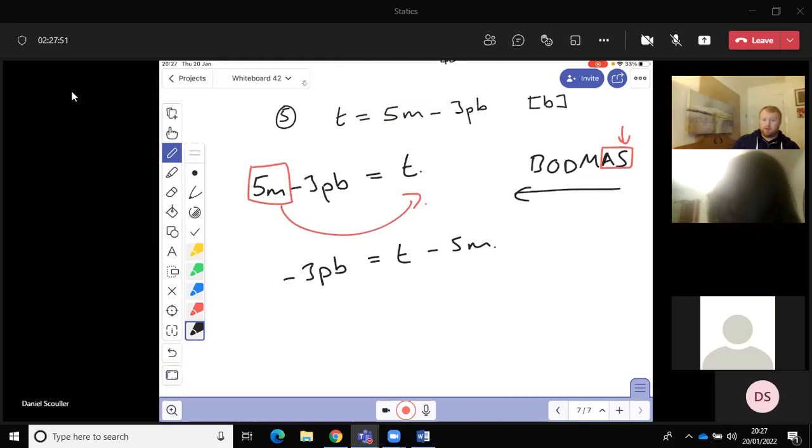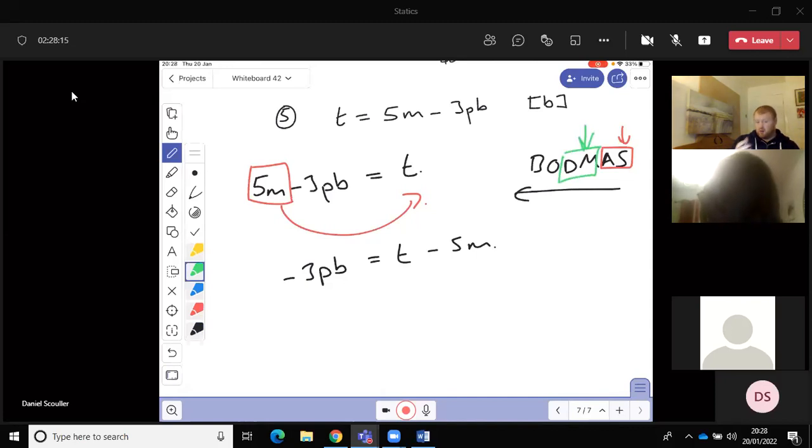So we just need to be careful with that. That whole term moves across. There's no more add and subtracts there. So we move along and we look at divide and multiply.